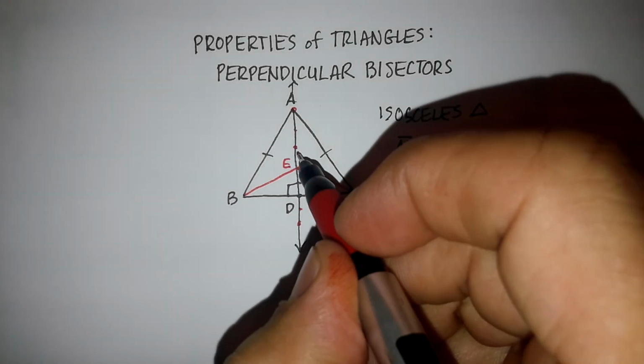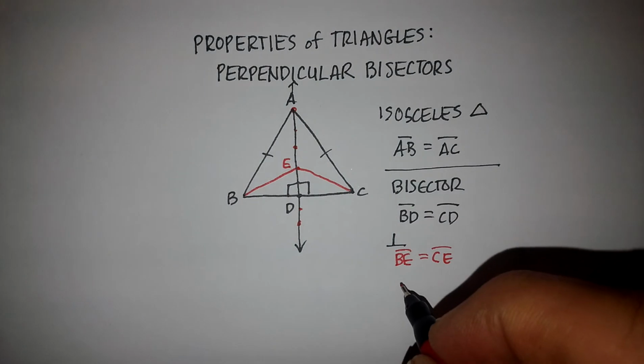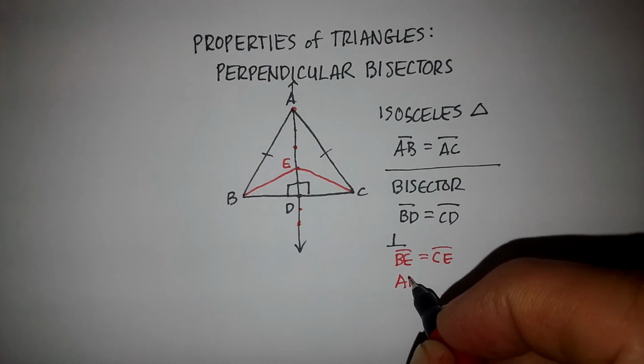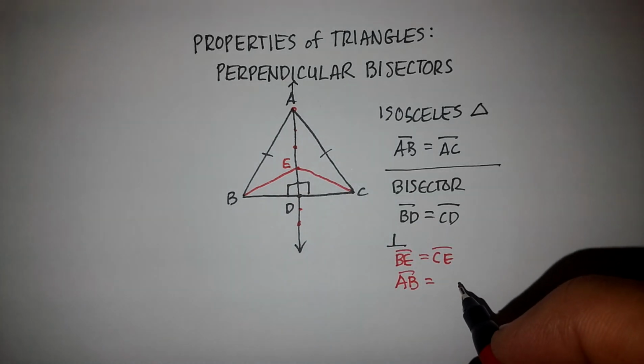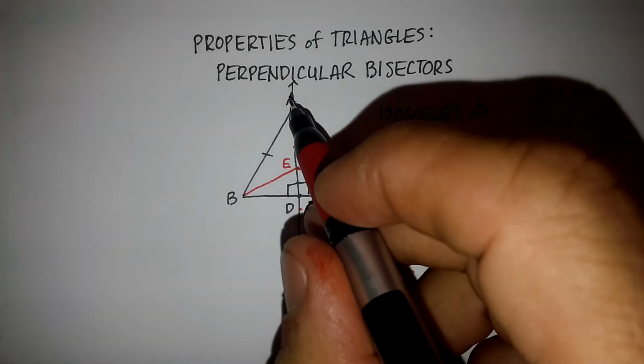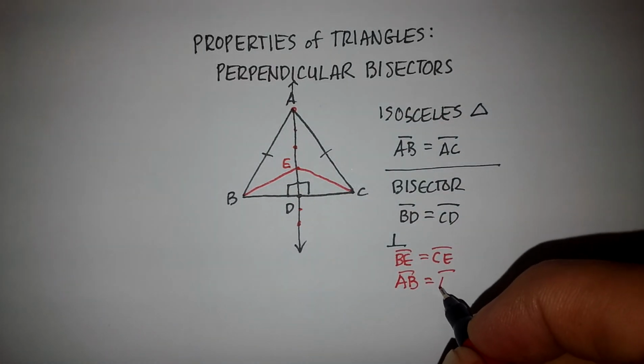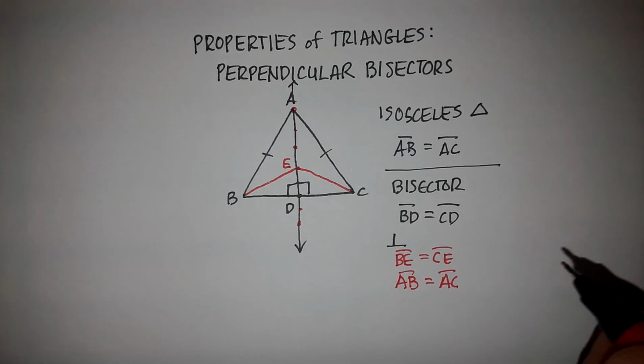That means that line segment AB would be equal to line segment AC, right? Try to keep things symmetrical. And so on and so forth.